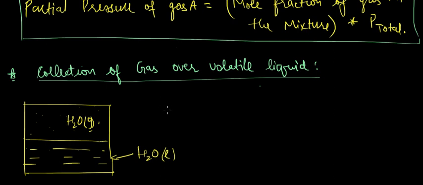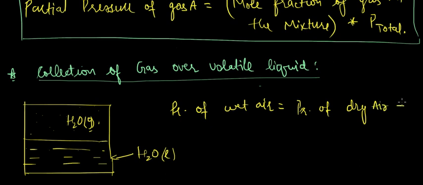So first let's write that pressure of wet air would be equal to pressure of dry air plus vapor pressure of H2O(l). We have discussed vapor pressure in some previous lectures.